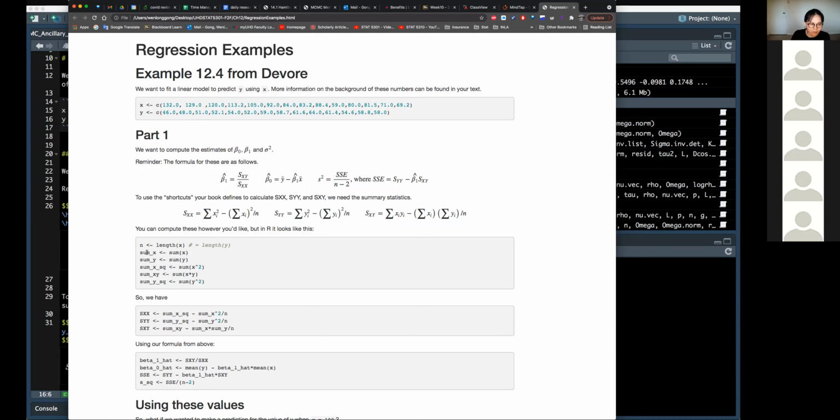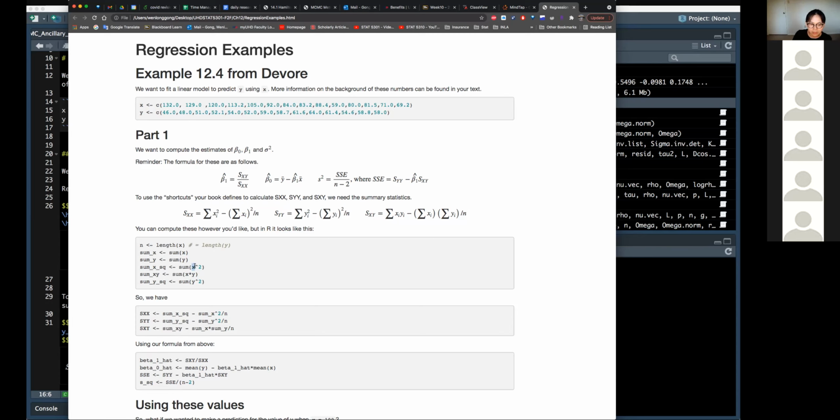Let's do sum X, which is the summation of X values: you're basically summing up all the X values in this vector. This is sum Y, where you are summing up all the Y values in the Y vector.